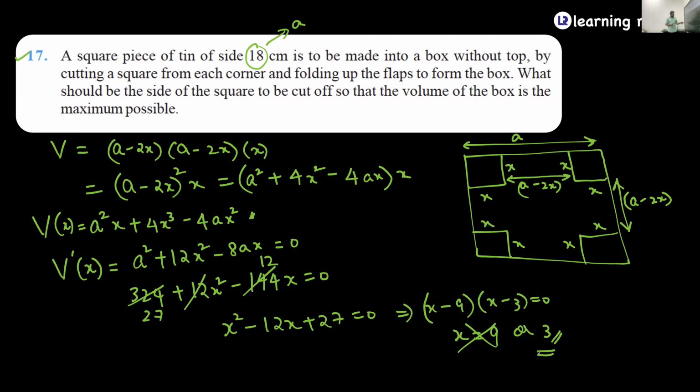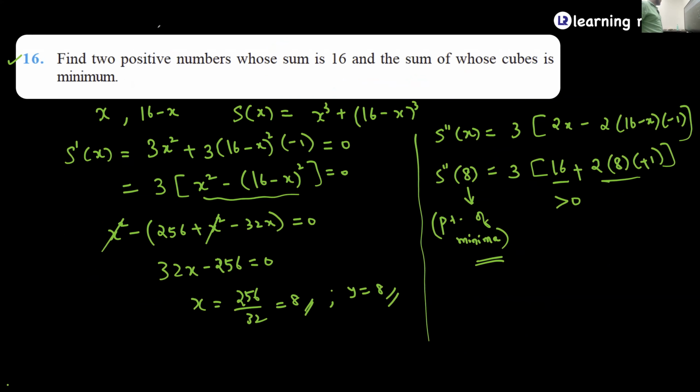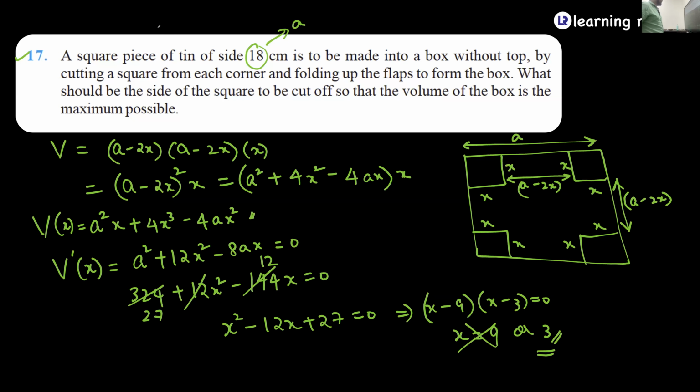We'll do it fast. So what is V double dash of x? V dash of x is equal to A square plus 12x square minus 144x. So V double dash of x is going to be equal to 24x minus 144. I didn't write the 324 because its derivative will be 0.